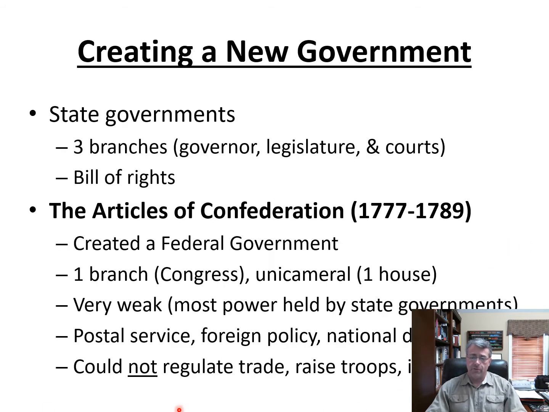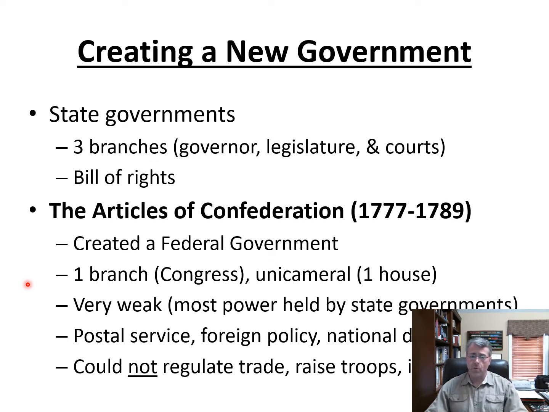The story of creating a federal government actually begins before the Revolution. In the spring of 1776, just prior to the Declaration of Independence, the Continental Congress advised the 13 colonies to create new state governments that replace their old colonial charters with state constitutions.